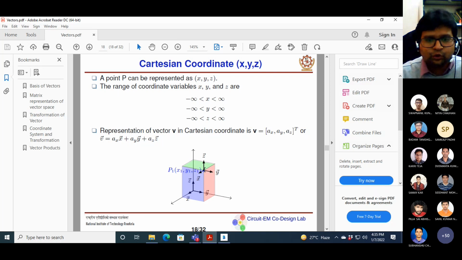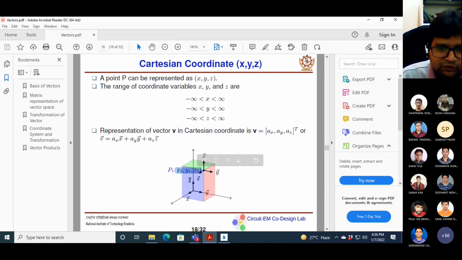When we talk about the coordinate transform, we basically mean the vector transform: how the vector is represented in the new coordinate system. It's the same vector. And when we talk about the coordinate variable transform, we mean transforming the variable from one coordinate system to another coordinate system. We'll see later how they are different.